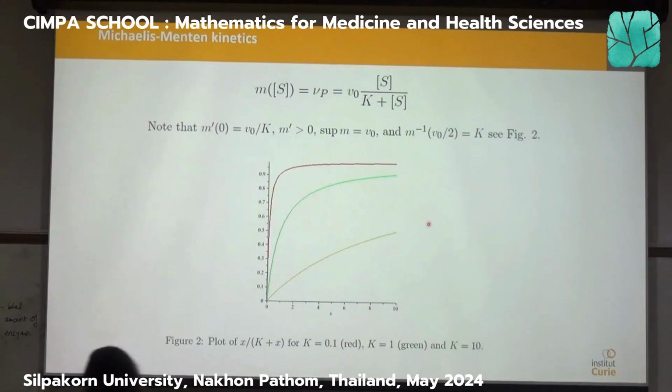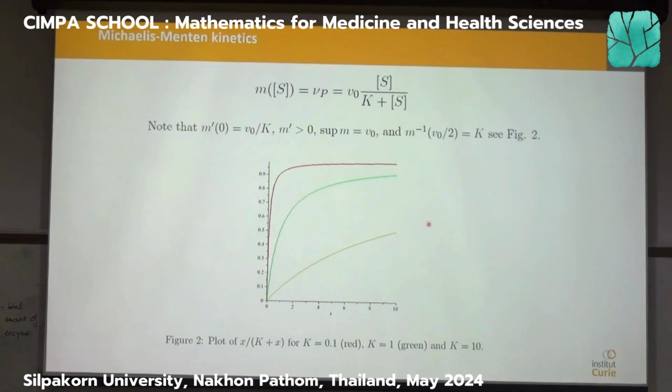I'm going to draw them. So if I want to draw x, the rate is V0 x over K plus S.